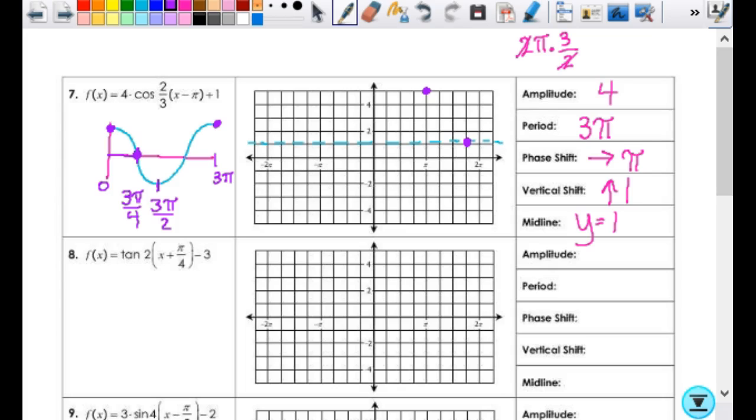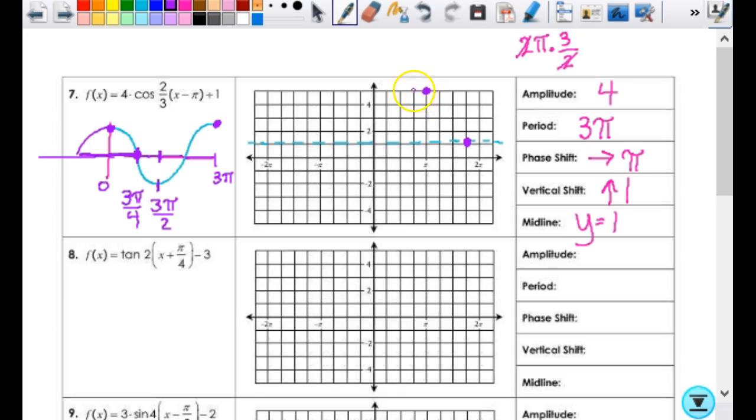You with me? Now, everything is symmetric and everything repeats. If the distance from here to here is 3 pi fourths, what is the distance from here to here? And from here to here? 3 pi fourths. I only have 2 points on there, but I know what cosine looks like. I can keep repeating. Isn't this one 3 pi fourths this way?